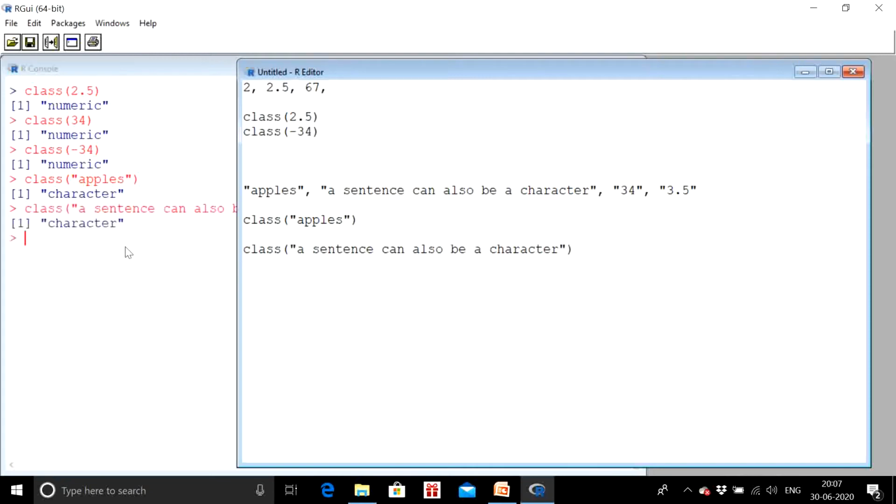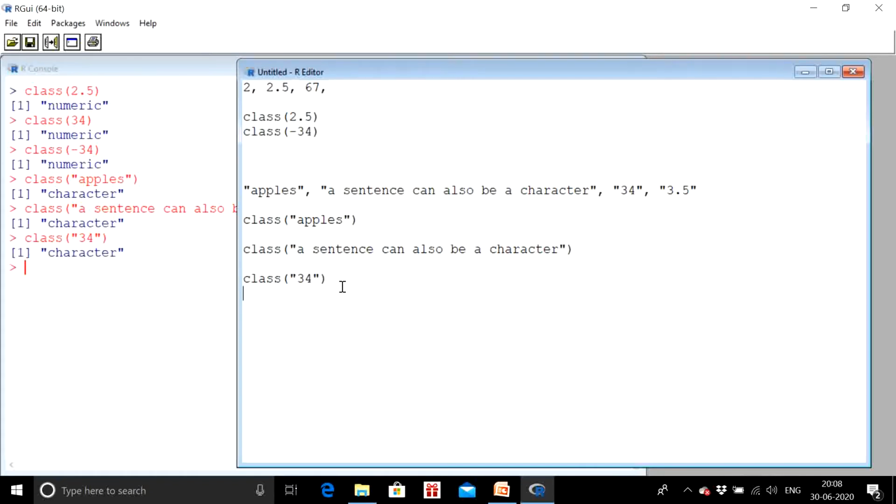See, this is also character. A sentence is also a character, and remember, a sentence is a scalar data type. Even a number is going to be a character if we put it in double quotation. See, it is a character. This number is also a character.